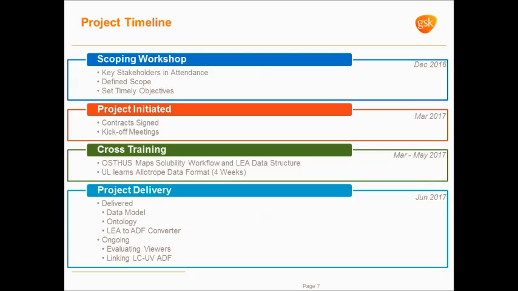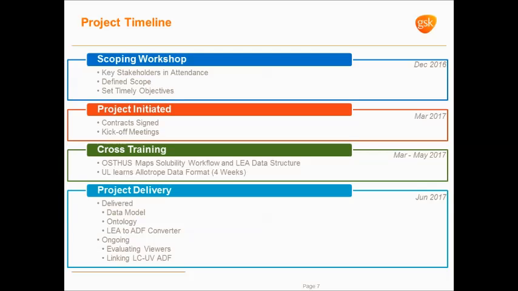And also set timely objectives, like when things should be done. Then it took a couple of months to get the project signed. We have an existing collaboration with Allotrope, so that contract was pretty straightforward.